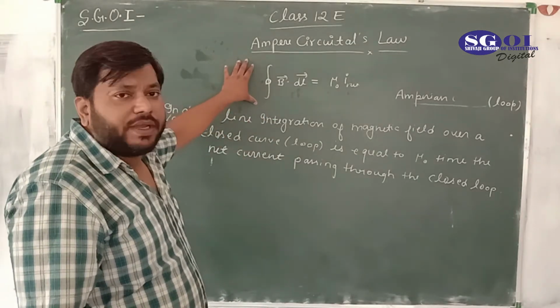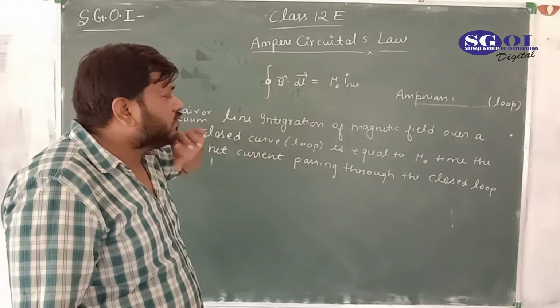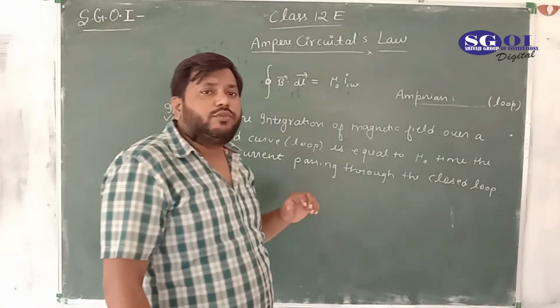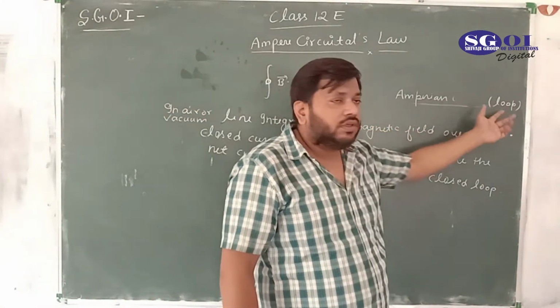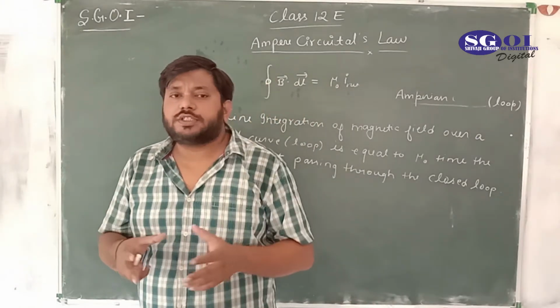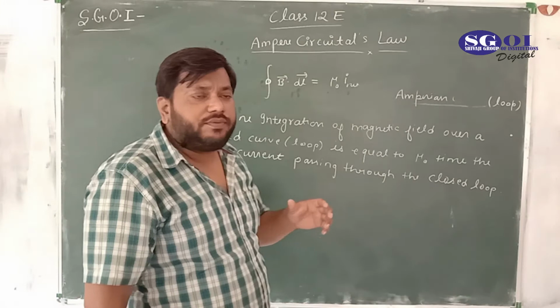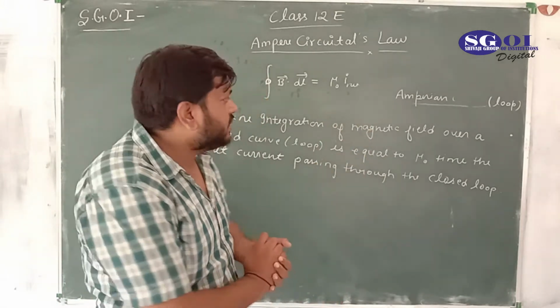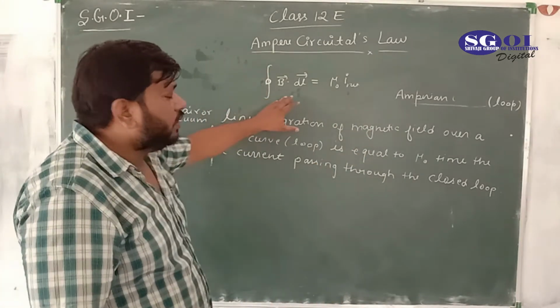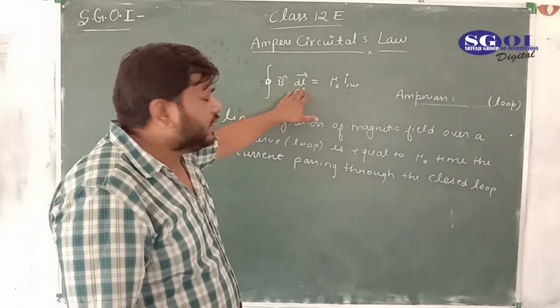For finding the magnetic field with Ampere circular law, we assume an Amperian loop, just like the Gaussian surface. There it was a Gaussian surface because the integration was dA, area integration, but here it is line integration.